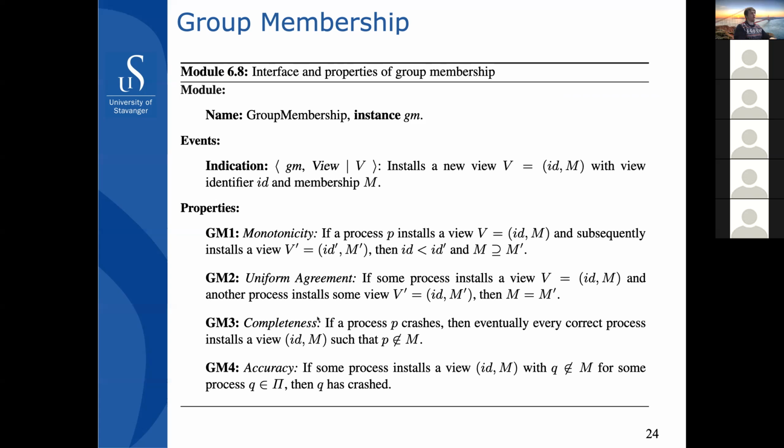If a process P crashes, then eventually every correct process installs a view such that P is not part of M. So this captures that when a process crashes, everyone will detect that crash and exclude that process from the membership.